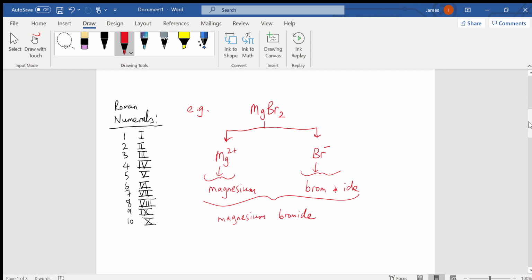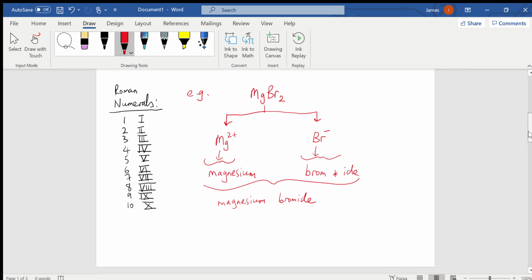And if you know the charges of each ion, you know how many bromides there must be to quench the +2 charge on magnesium. So the prefix is not required. Chemists are smart people. We don't need to be told, hey, there's 2 bromides. It's like, I know, now leave me alone.